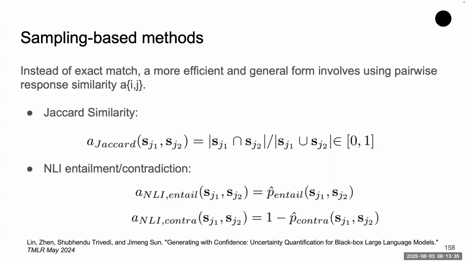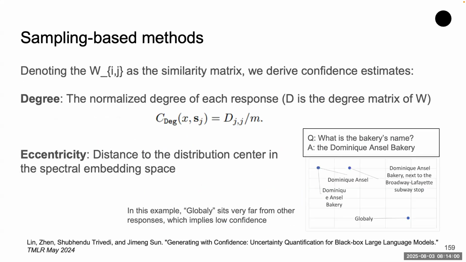You can use similarity metrics to judge whether they belong to the same cluster of semantic meanings. You have different ways to calculate the similarity, and another method just cuts off at a threshold: if it's smaller than this threshold, I consider them the same, and then use the majority vote to calculate their uncertainty, their confidence, right?